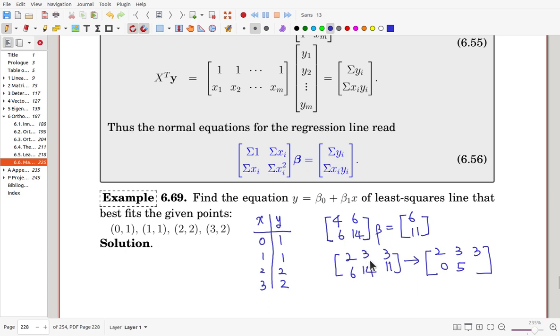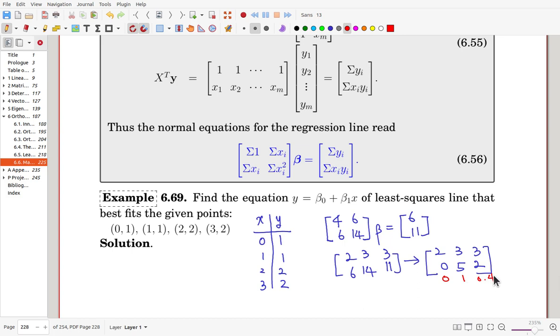This is 9, so that is a 5. 3 times subtraction will make a 2. Now from here, we'll scale, divide the second row by 5. Then that will be here 0 and 1, and there's 0.4.